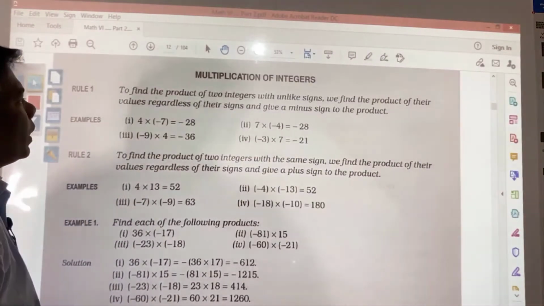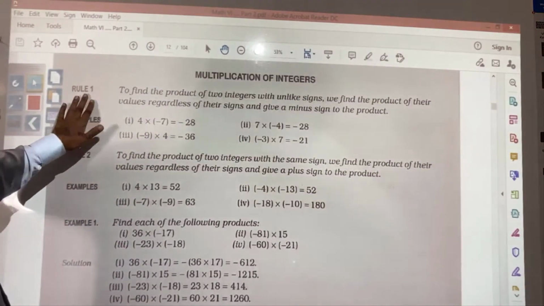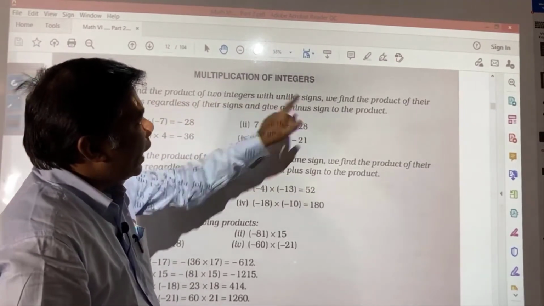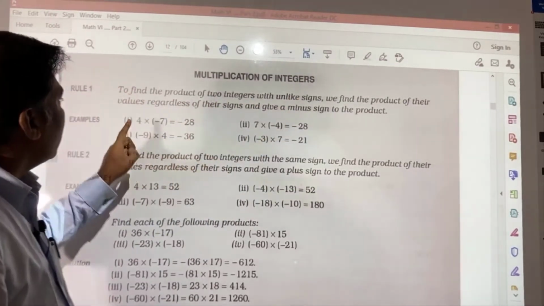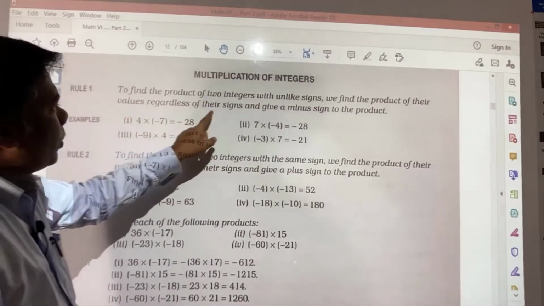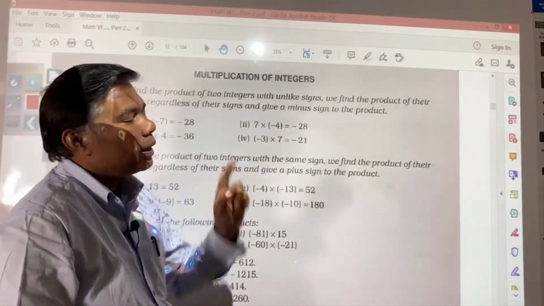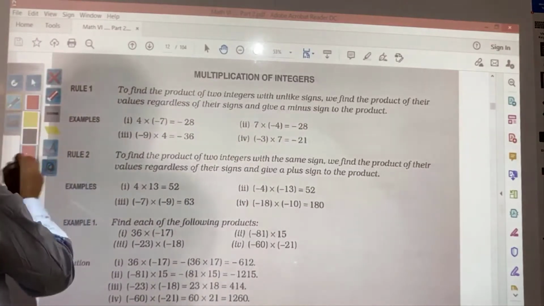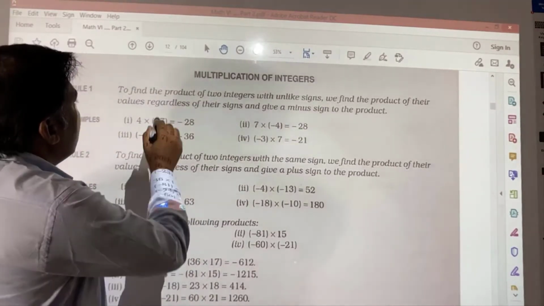Here we have multiplication of integers. Rule 1: to find the product of two integers with unlike signs, we find the product of their values regardless of their signs and give a minus sign to the product. This is very important to understand because generally children make mistakes.